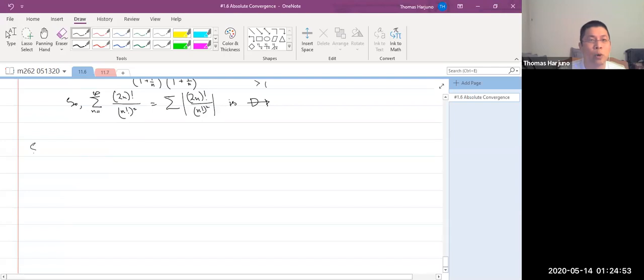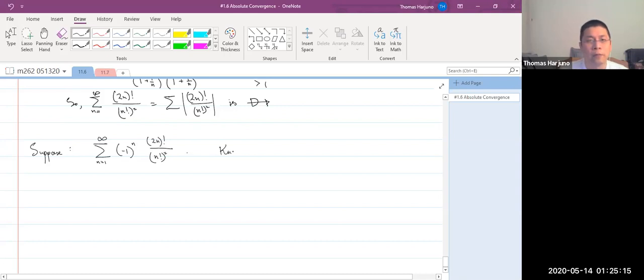So suppose on the other hand, we are dealing with the series of negative 1 to the n times that, just to get it alternating.